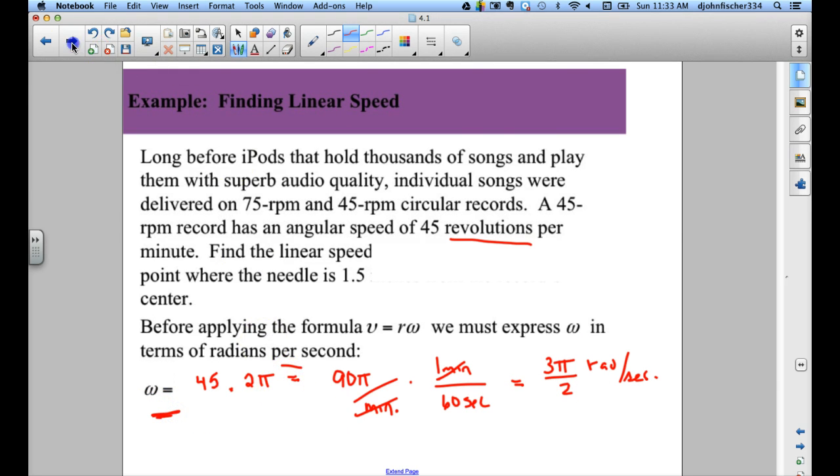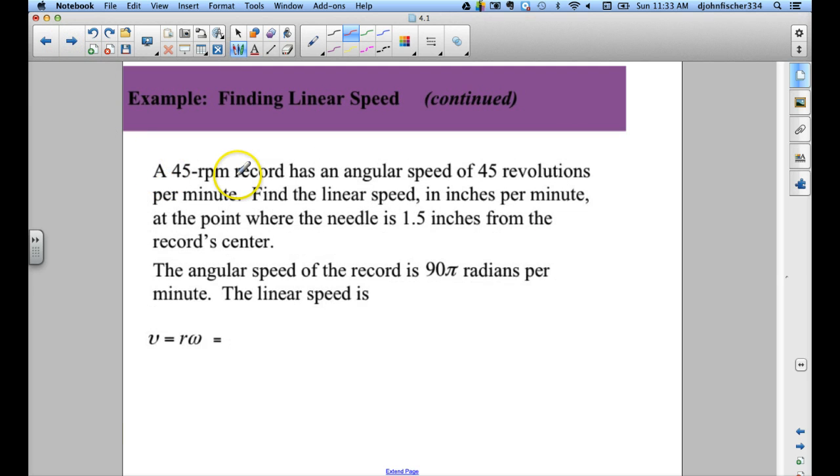So now what we need to do is go in here, and we have it per second, so we're going to leave it per second here. Find the linear speed in inches per minute. Well, wait a minute, now it changed on us. The 45 record has an angular speed of 45 revolutions per minute. The angular speed is, which we said earlier, 90 pi radians per minute, at a point where the needle is 1.5 inches from the record center.